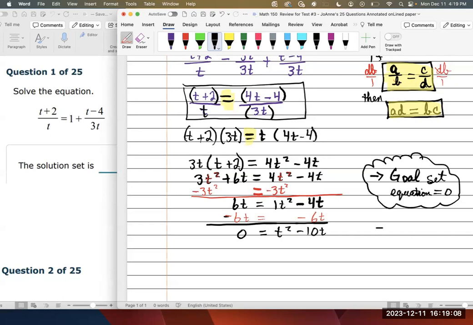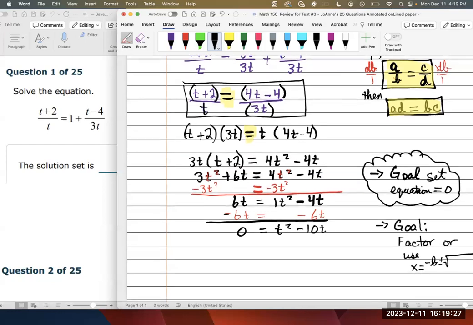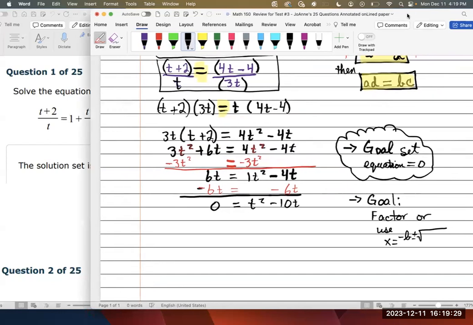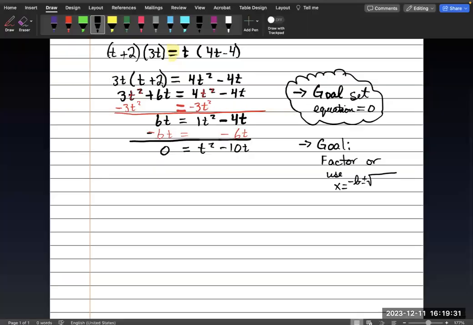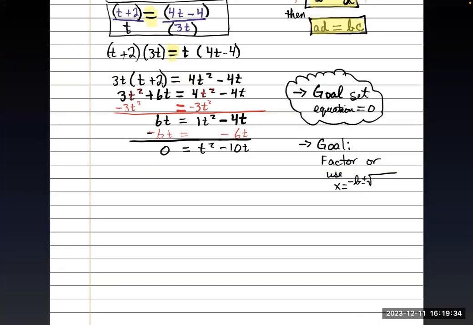Now my goal is to factor or use the quadratic formula. Quadratic formula is x equals the opposite of b plus or minus the square root of b squared minus 4ac all over 2a.